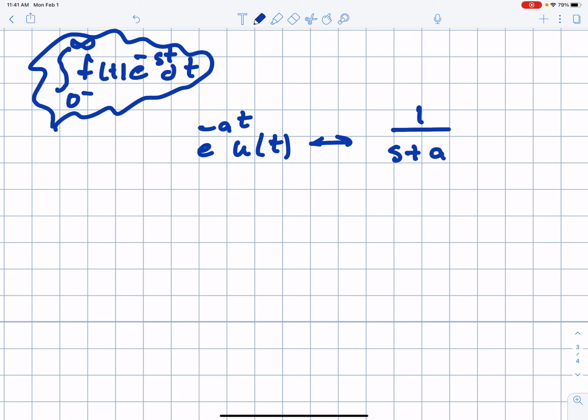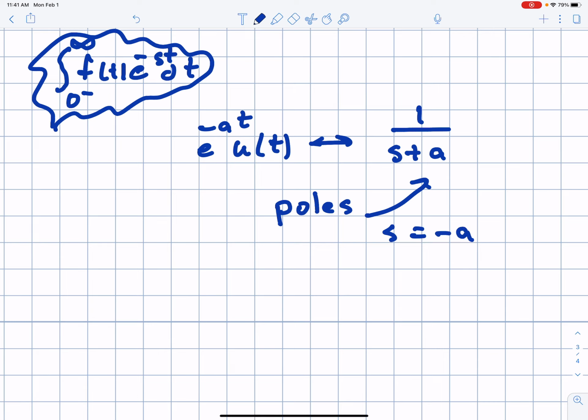All right, and so here is an idea. We talked a little bit about poles and zeros in the previous video. A pole is when the denominator divides by 0. So at s equal minus a, you get a pole.